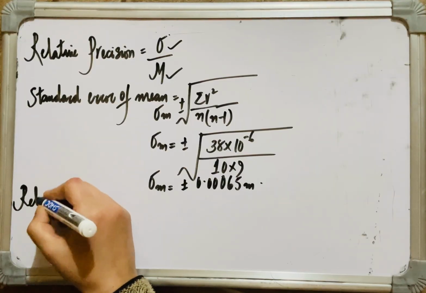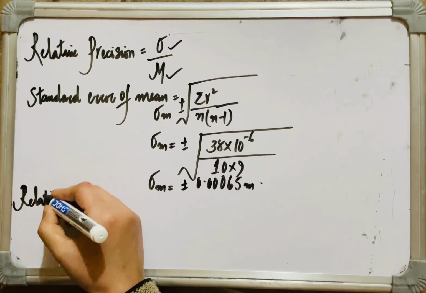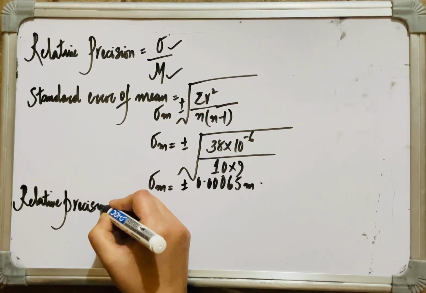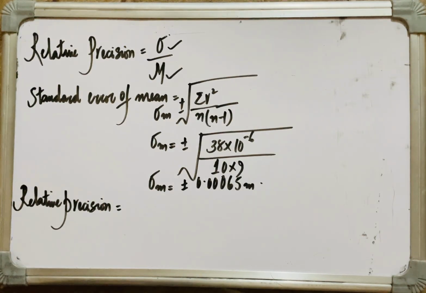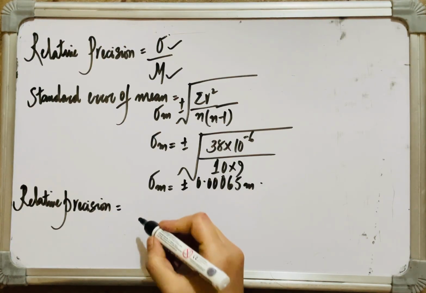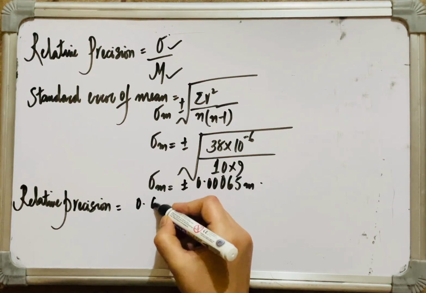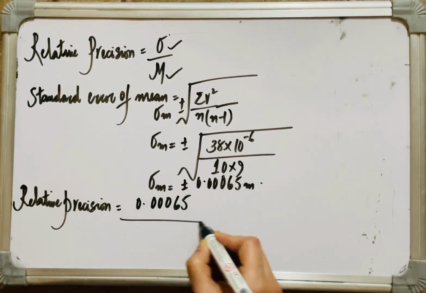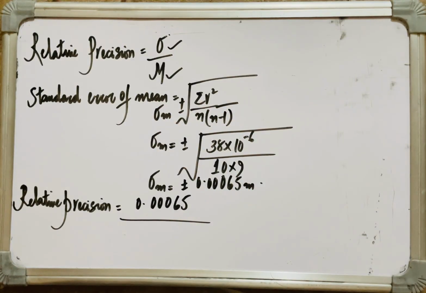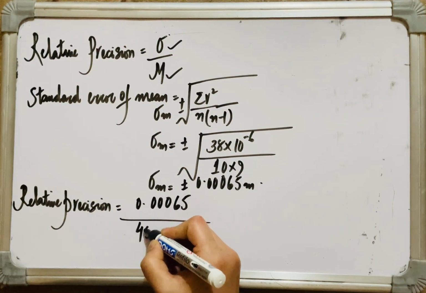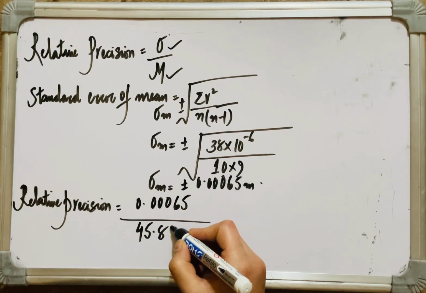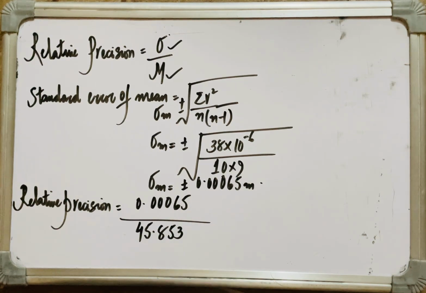Now what will be my relative precision? Relative precision is standard deviation of mean or standard error of mean, which is 0.00065 divided by the mean value of the measurement, that is 45.853, the arithmetic mean value, or the most probable value.